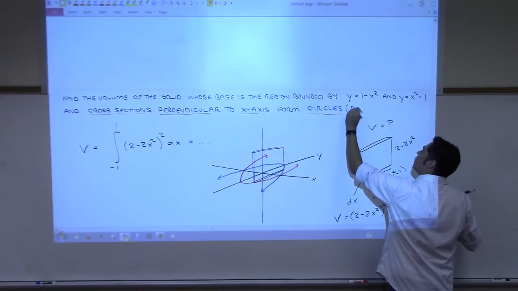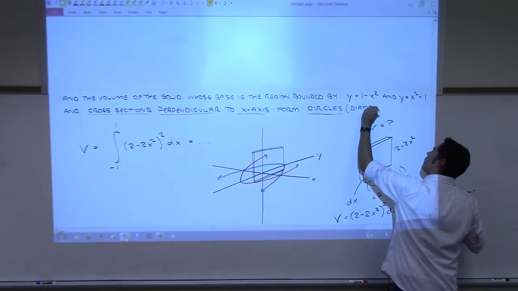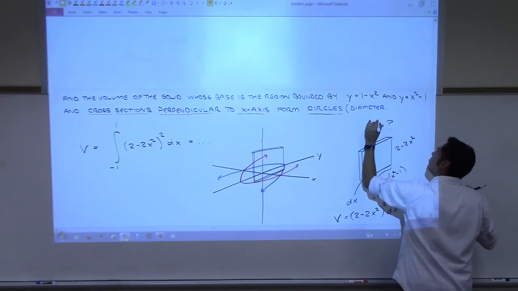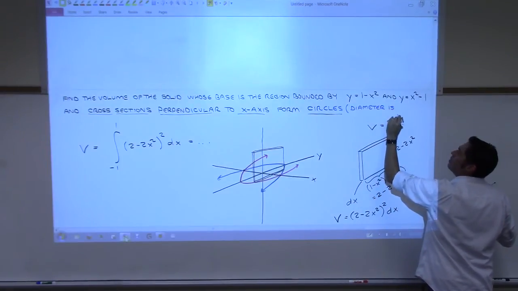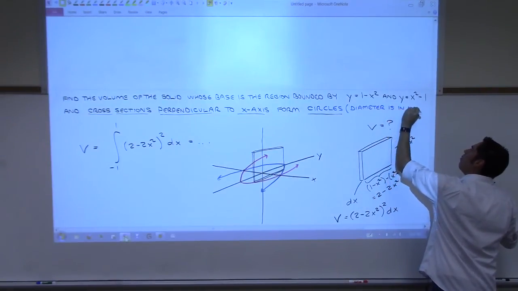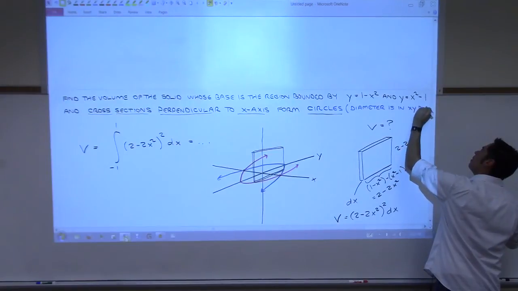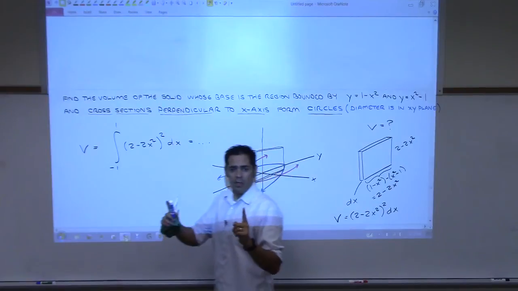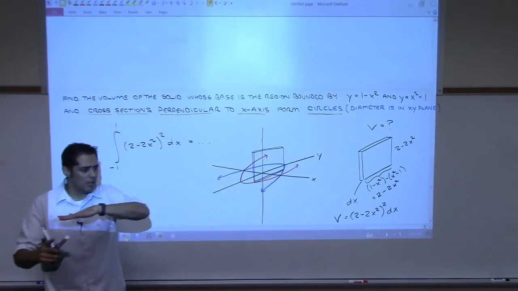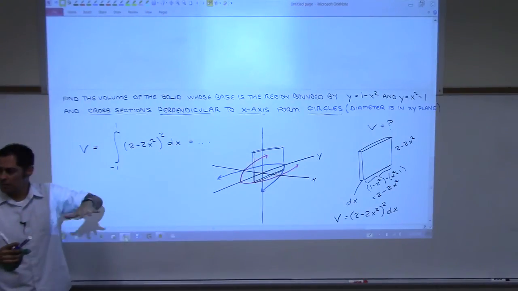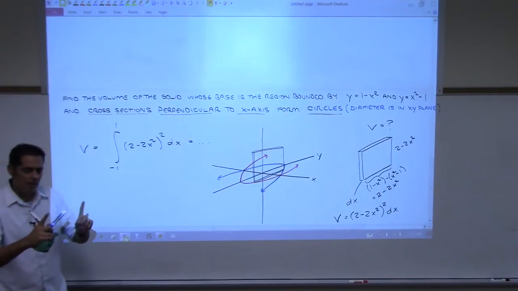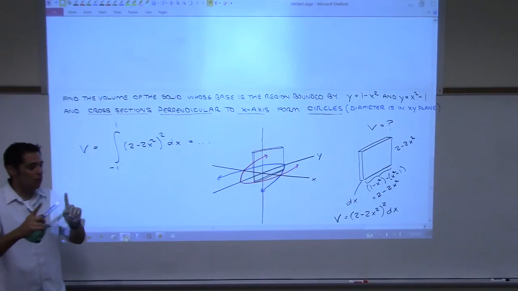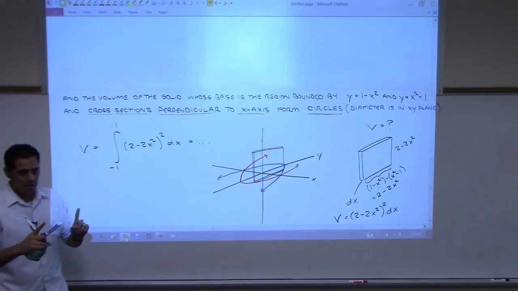The diameter is in the xy plane. In other words, I'm telling you that the diameter of that circle is always the part that's on the flat piece, on the ground. So that's where you determine how long or wide the circle is.